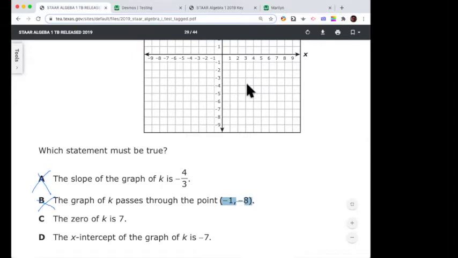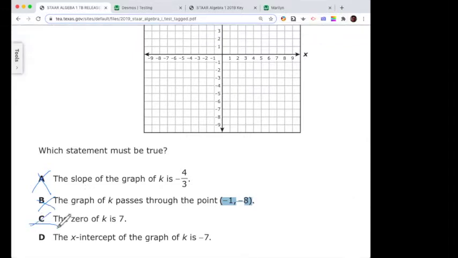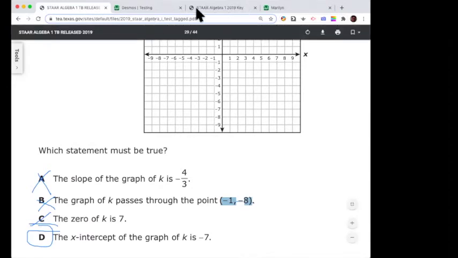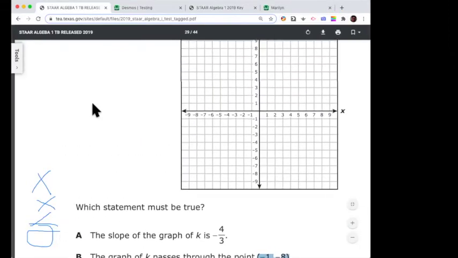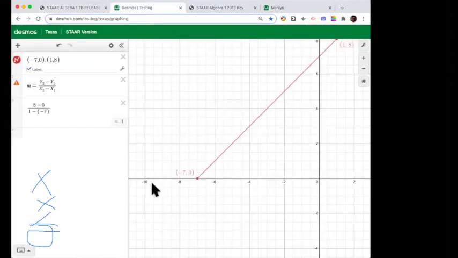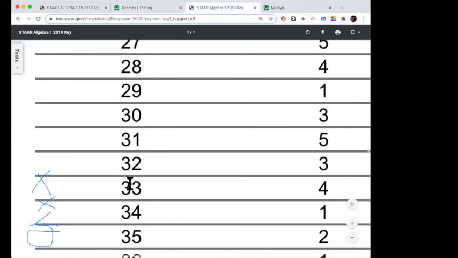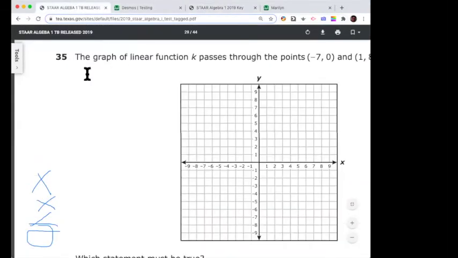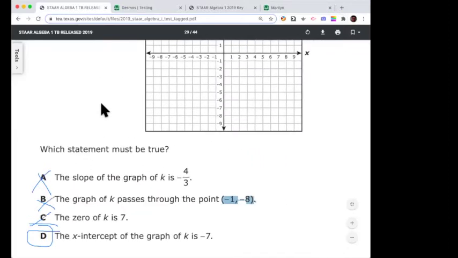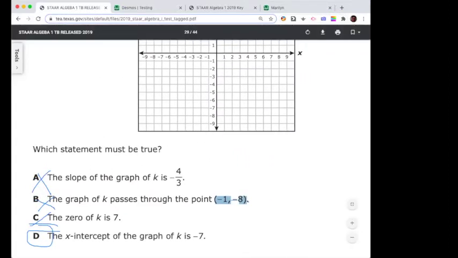So we're comfortable in saying that that's not true, and this one is. So we look at our answer sheet, and that was number 35. Answer is D. There you go. Desmos does it again.